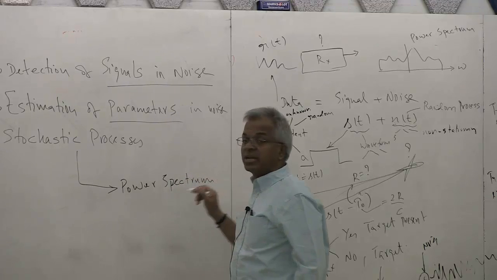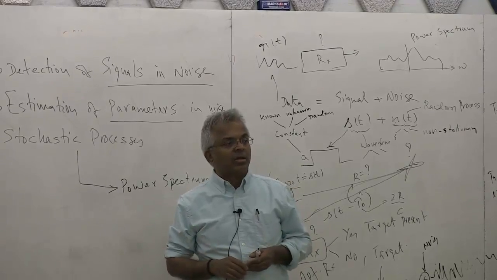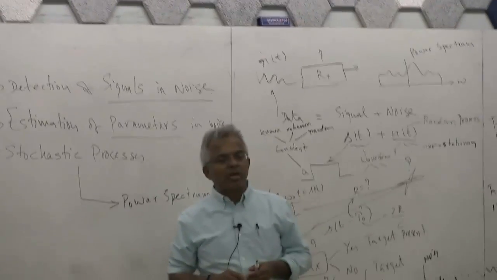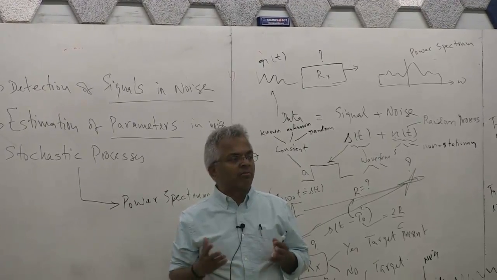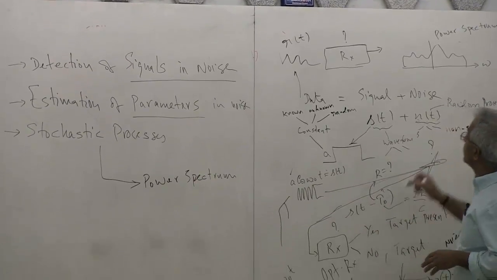After all, it's generating a waveform, so it has some information in the frequency domain. The question is, where is the most contribution coming from in the frequency domain, and how do you define it?